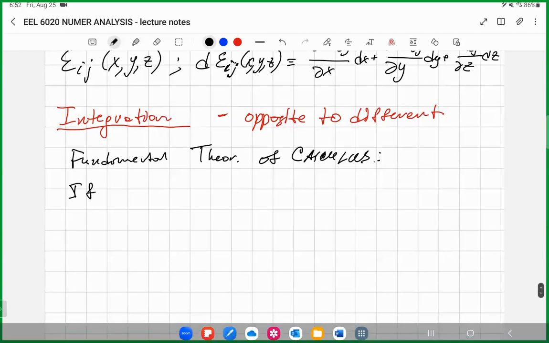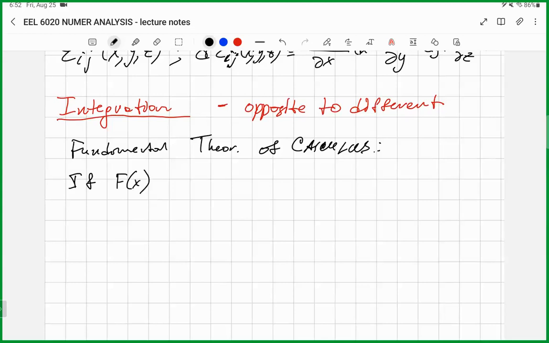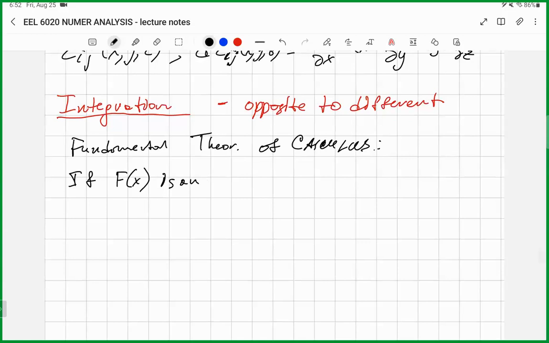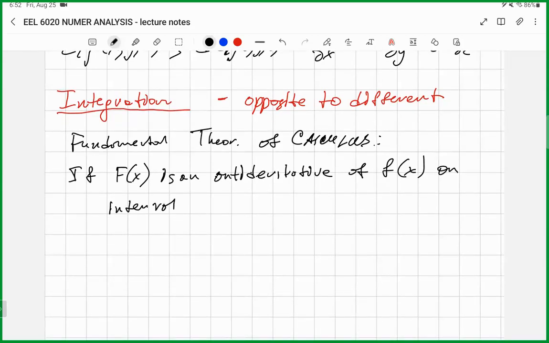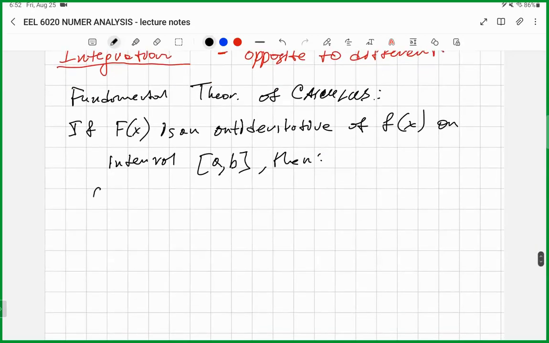So basically, if a function F of x is an antiderivative of f small x on the interval AB, then the integral, denoted by this curved line, from a to b of the function f(x) dx is equal to the difference of the antiderivative: the antiderivative at the final point b minus the antiderivative at the point a.